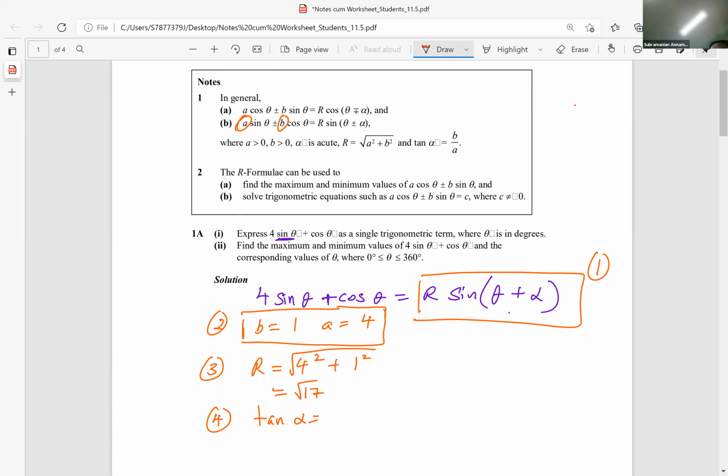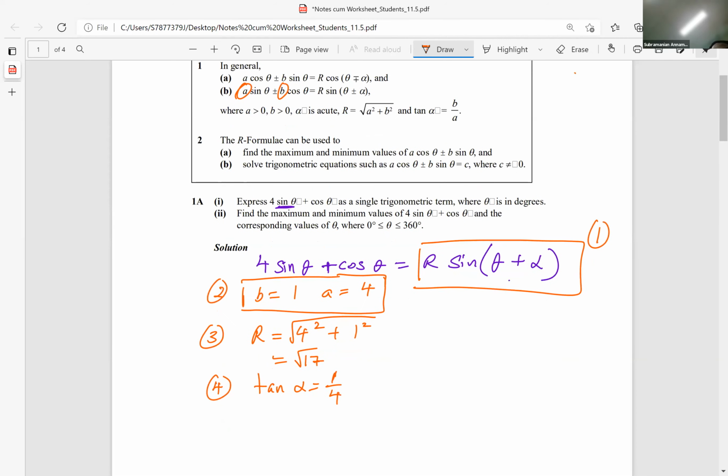What is tangent alpha? Tangent alpha is B over A, so it's 1/4. Find what is alpha. What is alpha? Tangent inverse 1/4.